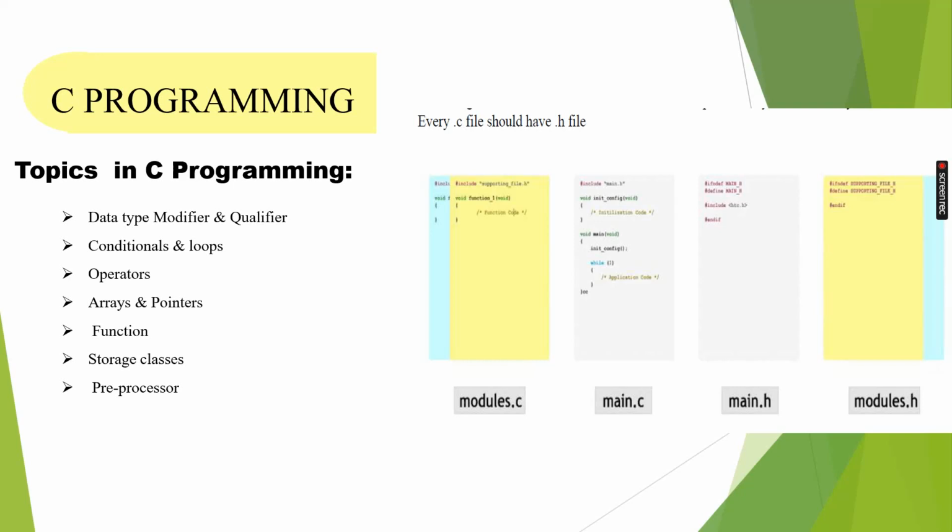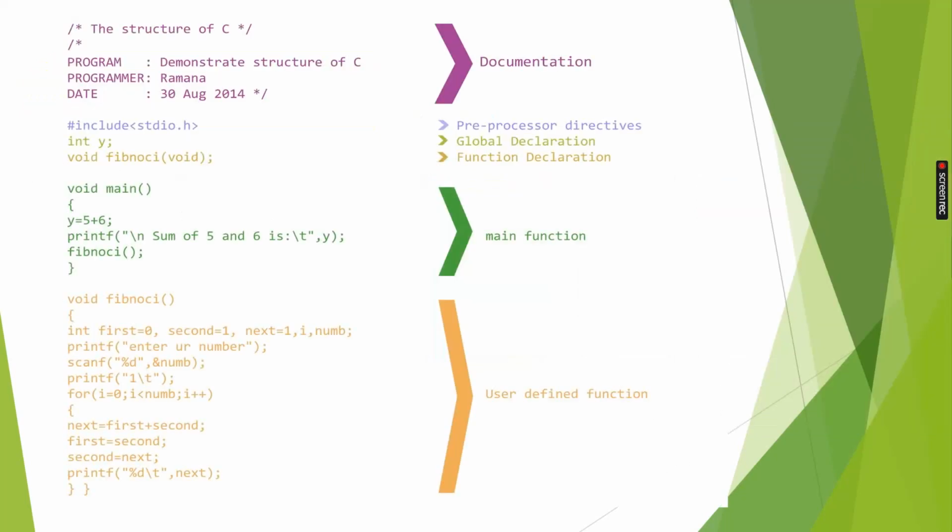Operators are the main operators like arithmetic, boolean, bitwise, etc. The arrays and pointers are used for memory locations, and functions are used for defined tasks, and preprocessor directives are like header files, etc.